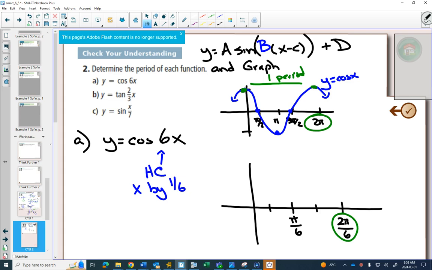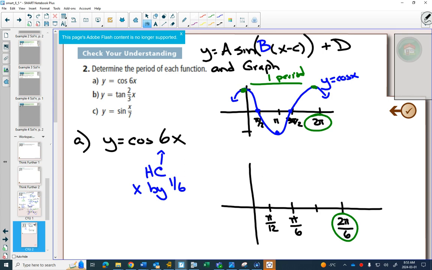And then I'm going to do the very first tick mark, because that very first tick mark has to be half of pi over 6. Does that make sense that this then would be pi over 12? And then I do the third one, and the third one I do by counting.